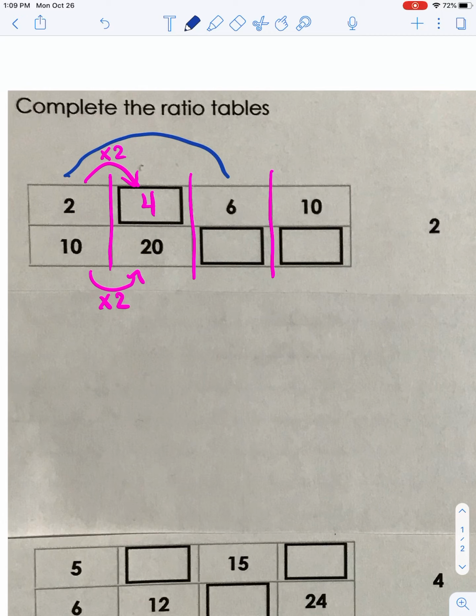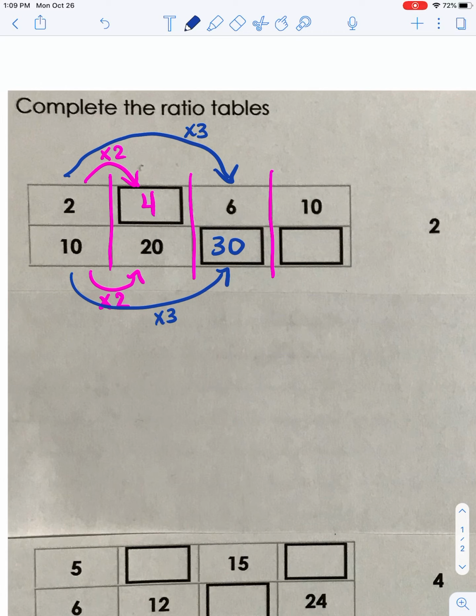So I'm going to go back and I'm going to start with the 2. In this case, I'm going to move from the first column to the third column. And I know that 2 times 3 is going to give me 6. So I have to do the same thing when moving from the first to the third column on the bottom. I have to multiply by 3, and that's going to give me 30.